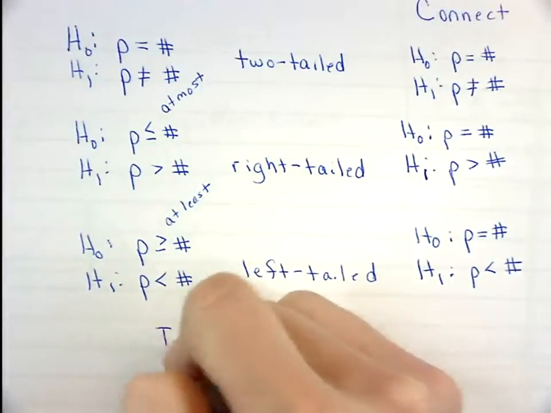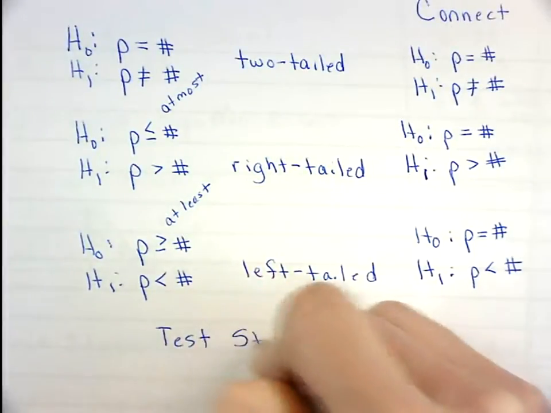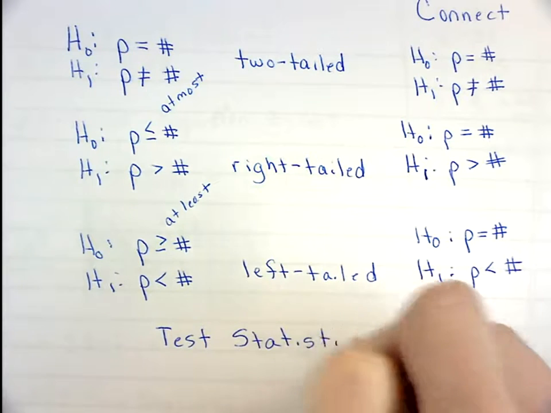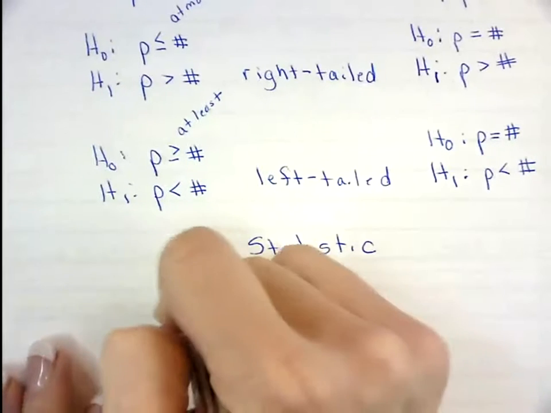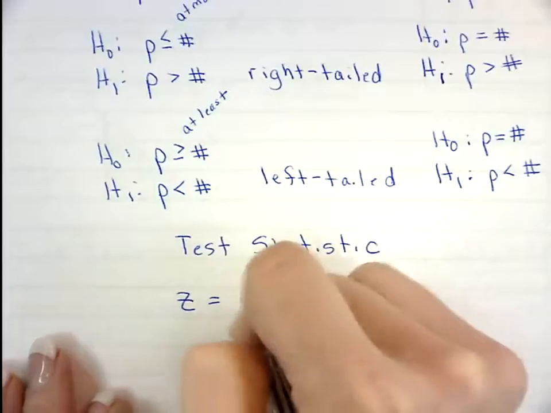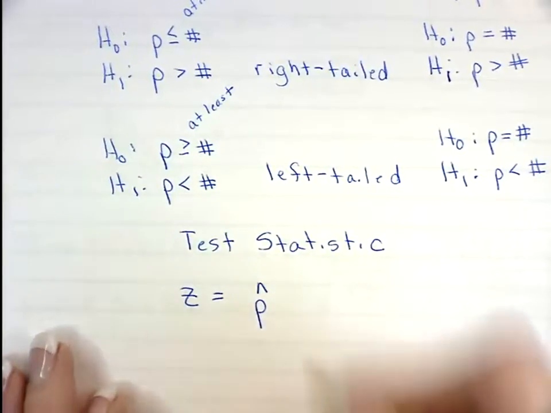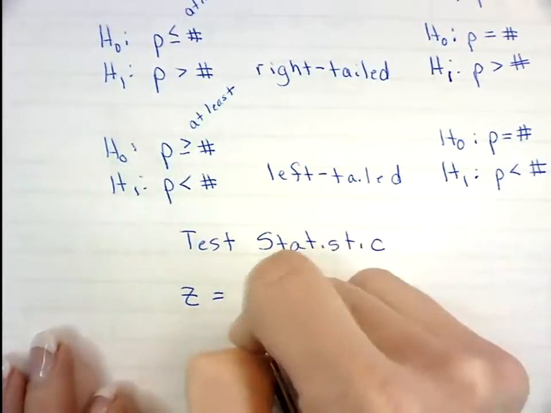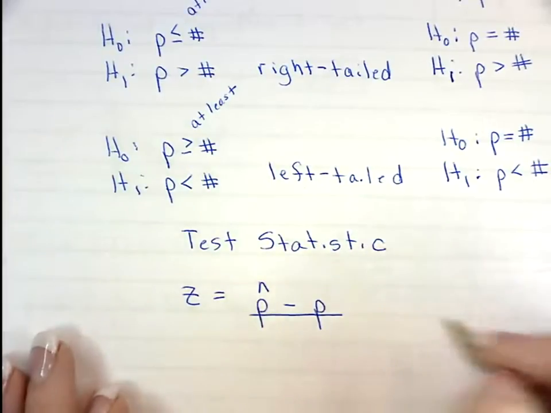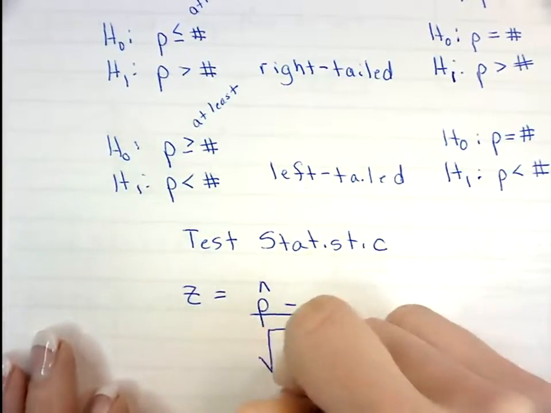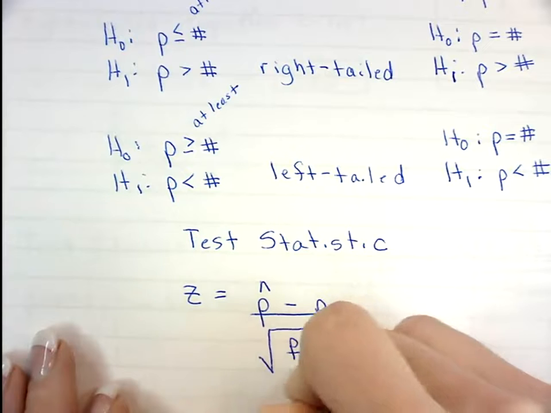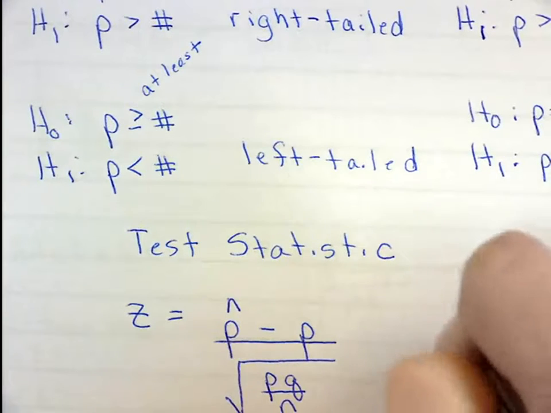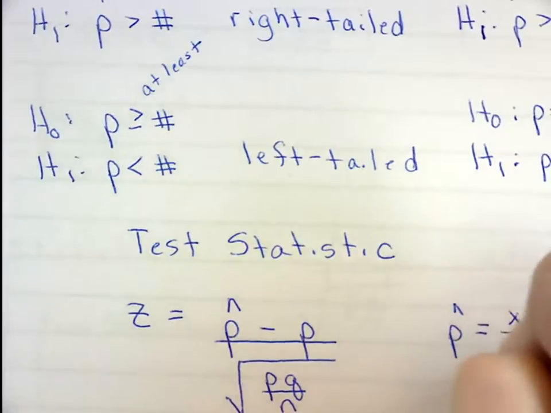The test statistic this time is going to have the following formula. Z is equal to P hat, which is your sample proportion, minus P, which is your claim from step number 1, the setup, divided by the square root of P times Q divided by N. P hat, again, is equal to x divided by n, and that's called your sample proportion.